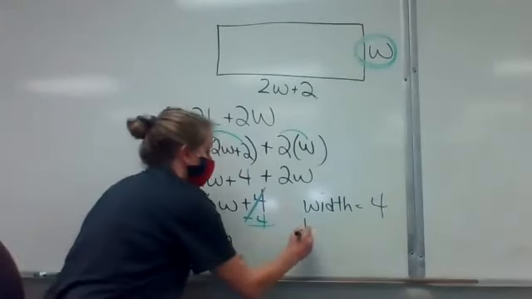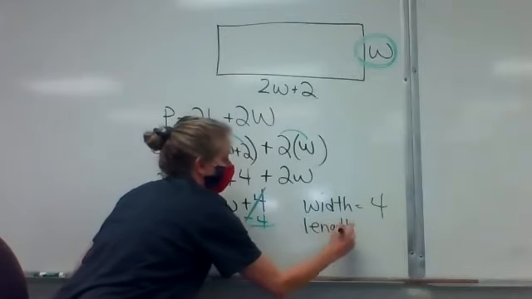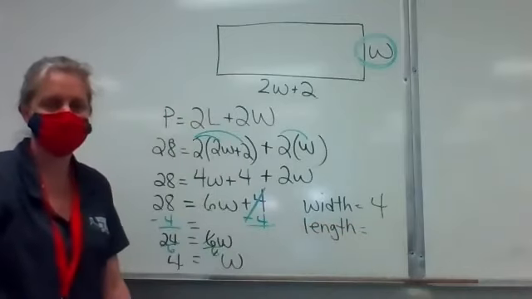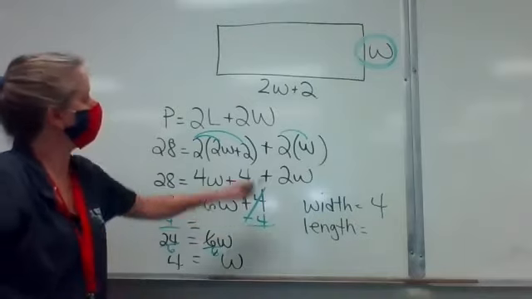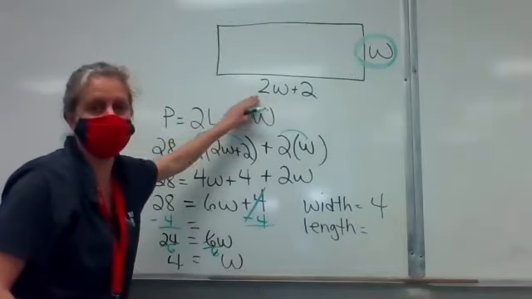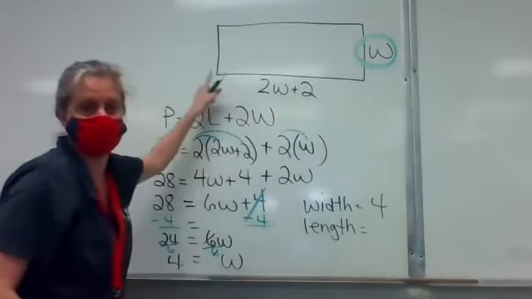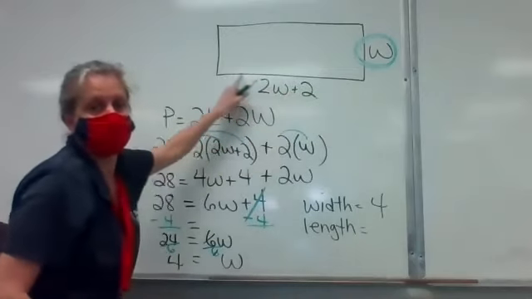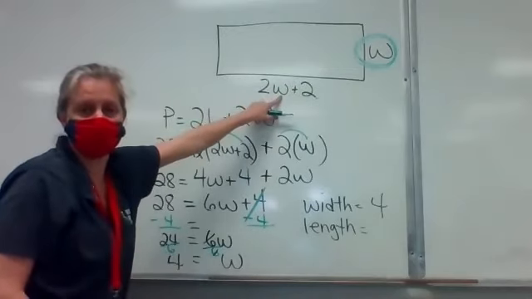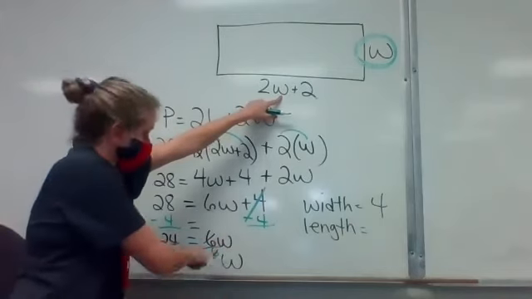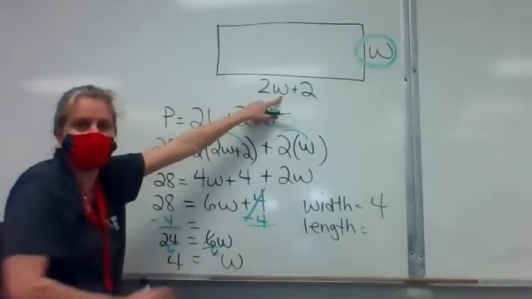It also wants to know what the length is. What do you know about the length? Here it is right here. This is the length, right? Do I know what this letter is now? Yeah, I just found it. W is 4.